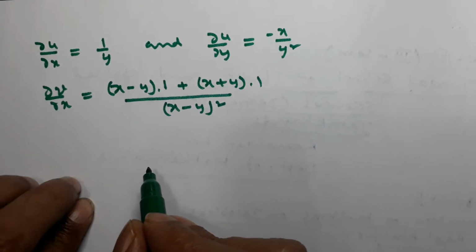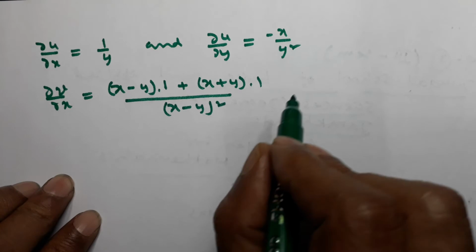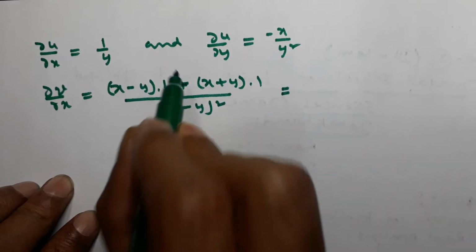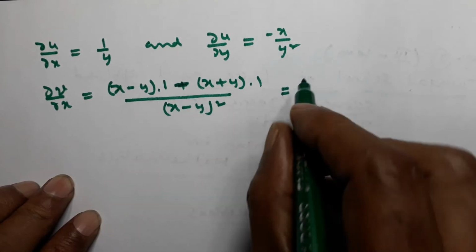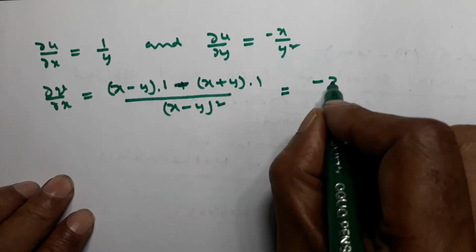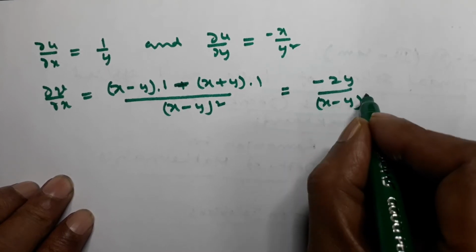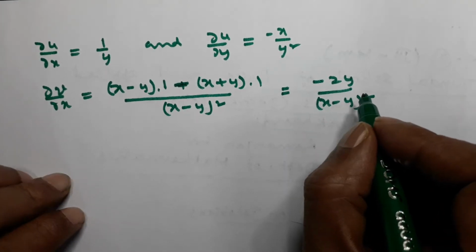Here plus x minus x cancels, and the remaining is minus 2y divided by (x minus y) whole square. So dou v by dou x is this.